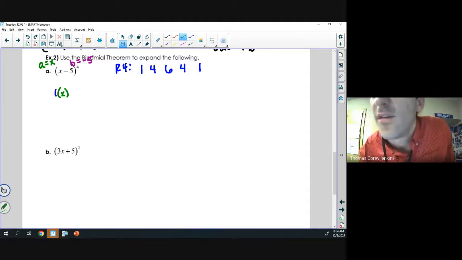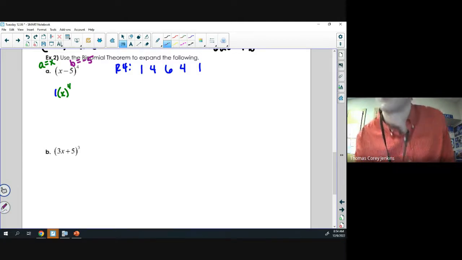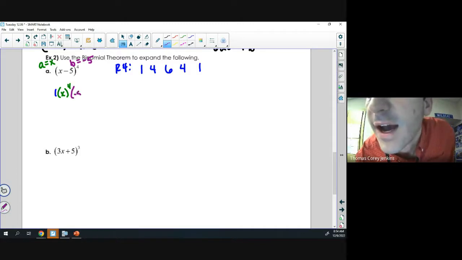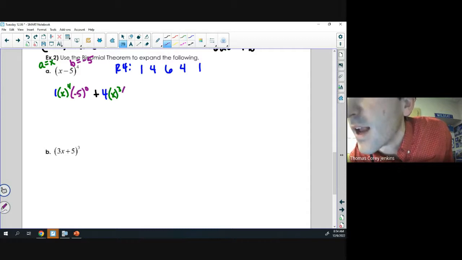It's going to be to the 4th. You always start high with the lead term. And then your other one's going to be to the 0, so times -5 to the 0. So that's term 1. Term 2 is going to be 4 times X to the 3rd times -5 to the 1.